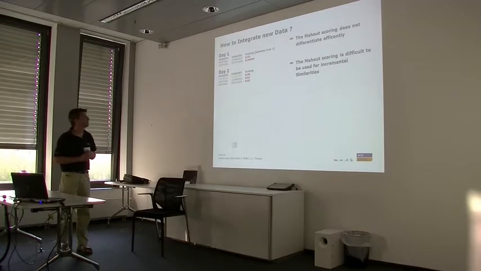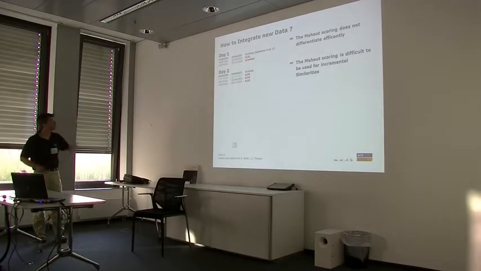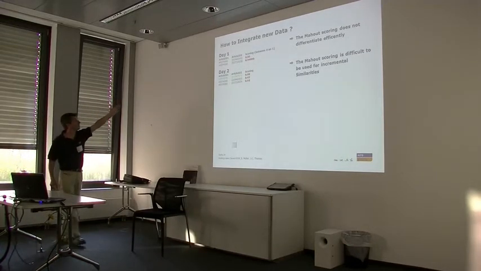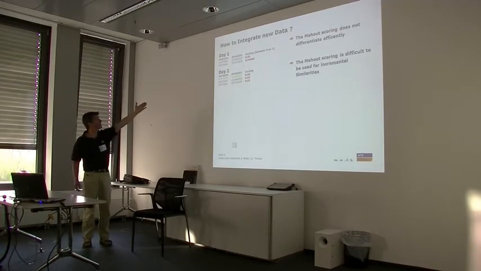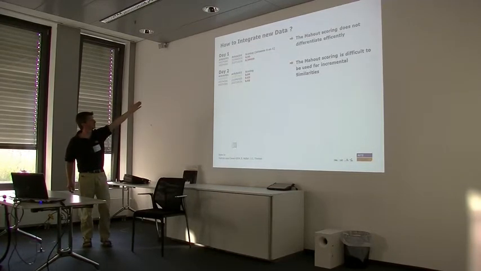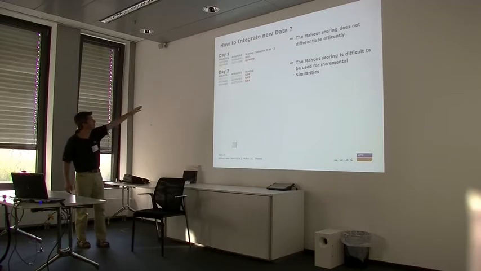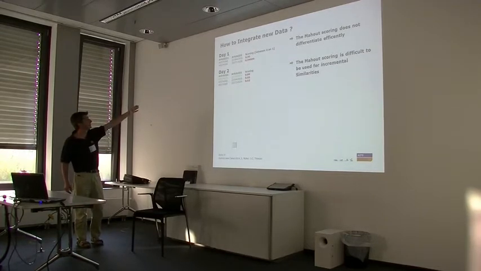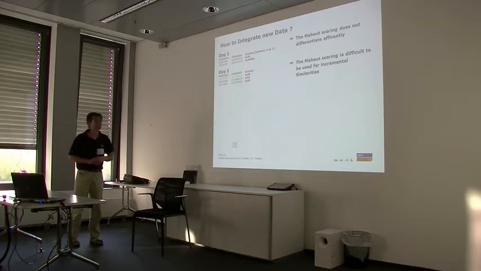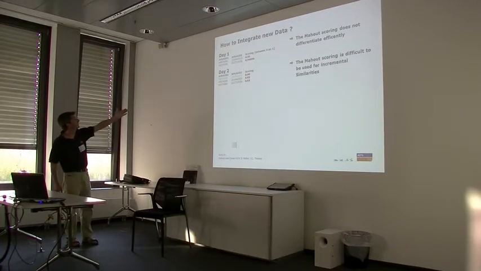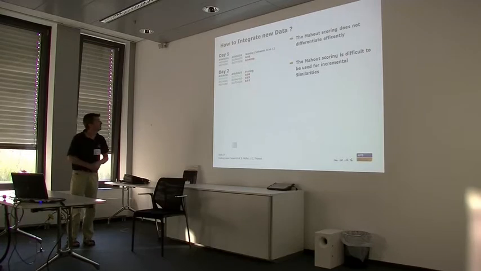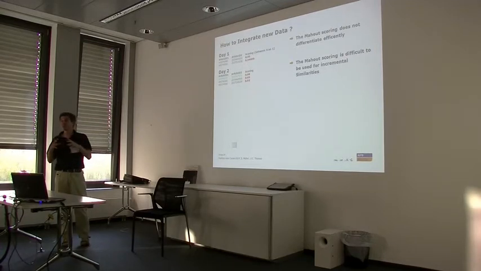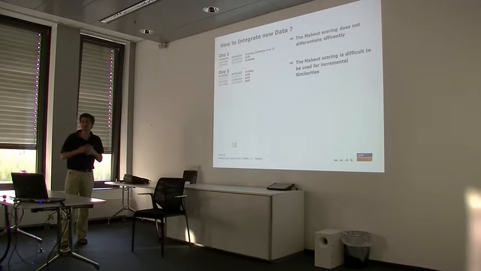So, how to integrate new data? That's the point. Day one, I have one article ID with similarities with the scoring. And day two, I have the same similarity with another scoring. So how can I integrate both of them? And it's a problem with Mahout.